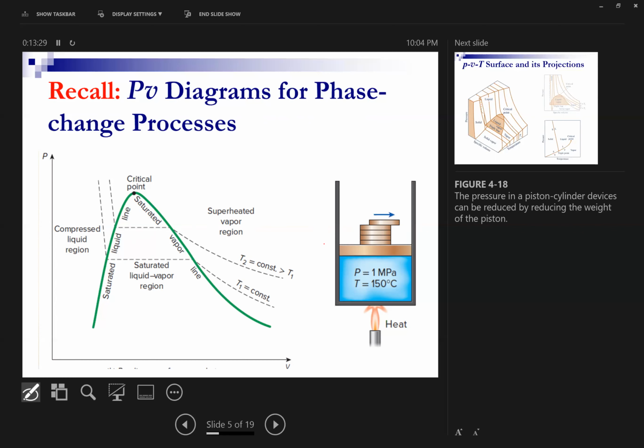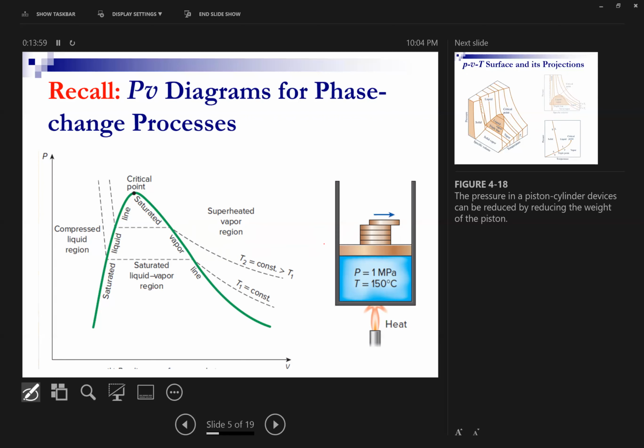Below this dome are the mixture of saturated liquid and saturated vapor. In the right-hand side, we have superheated vapor. Again, if we focus on the lines rather than the regions, the left part of the line is saturated liquid line, and the right-hand side is saturated vapor line, right?